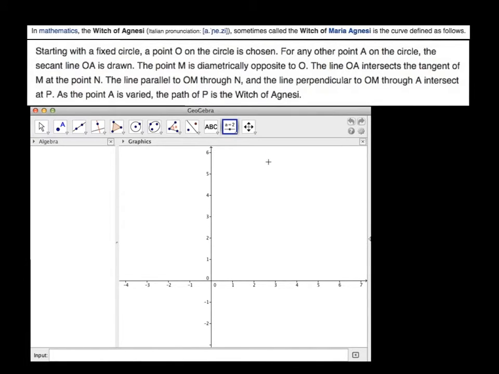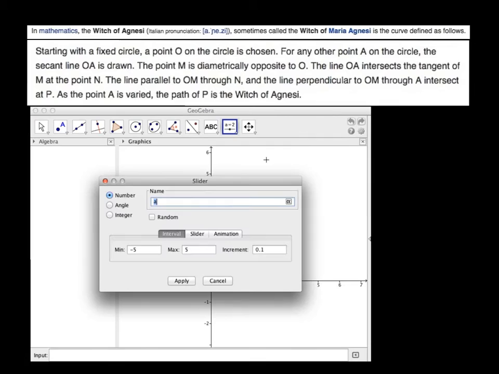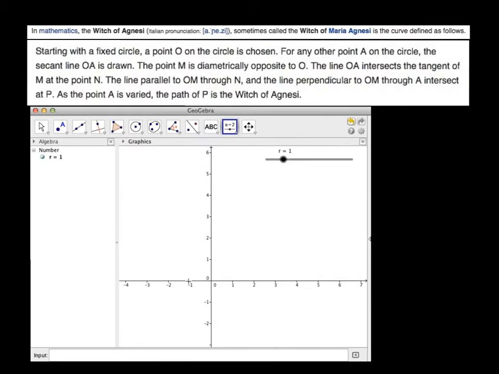So in order to draw the curve, we'll start with defining a slider, which will represent the radius of the circle, as we need to start with a fixed circle. So we start with a circle with radius 1, and here is the equation of the circle.